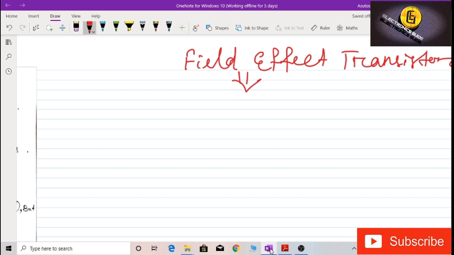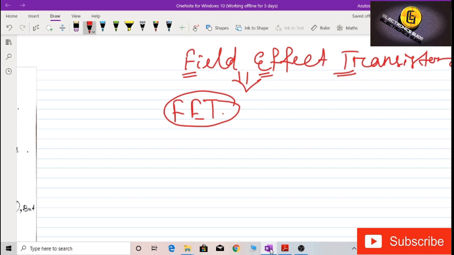In short, FET. The first letters of field, effect, and transistor are taken to form this abbreviated form, FET.